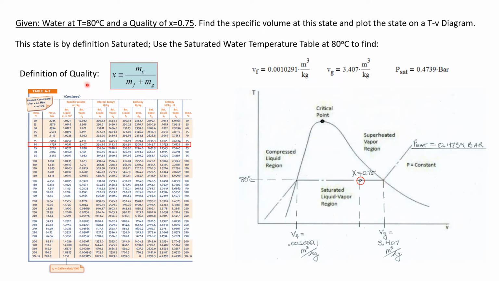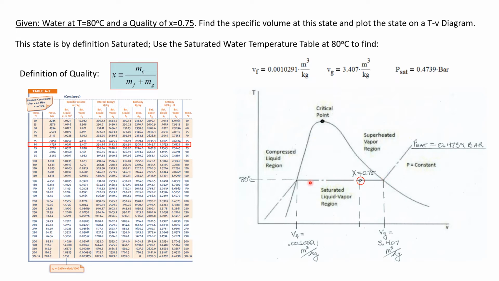So here's the definition of quality. It's defined as the mass of the vapor over the total mass, where the total mass is the mass of the liquid plus the mass of the vapor. Recall that a saturated mixture only has two components in it: saturated liquid and saturated vapor.